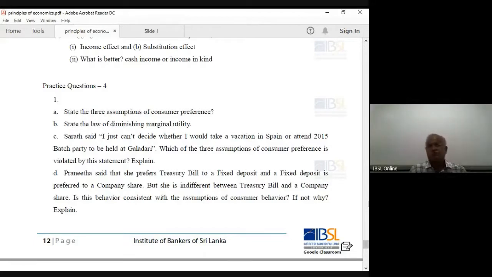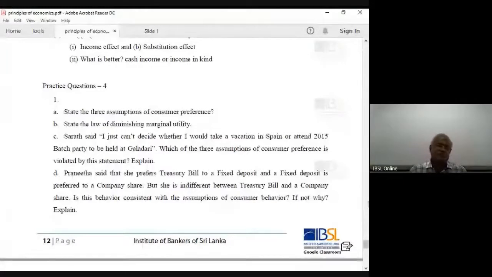When a consumer consumes a good or service, the marginal utility of that consumption eventually diminishes downwards.